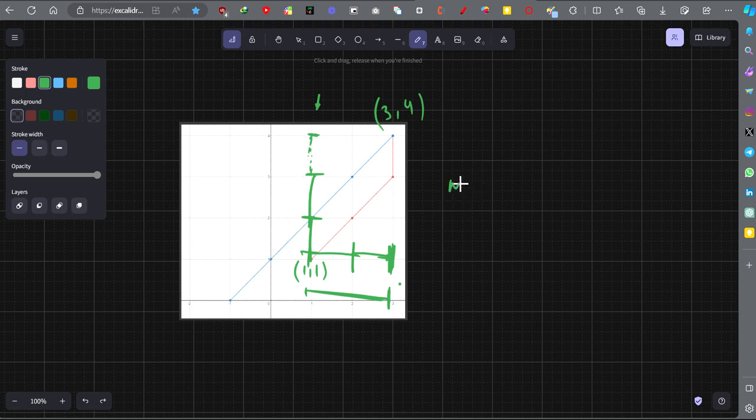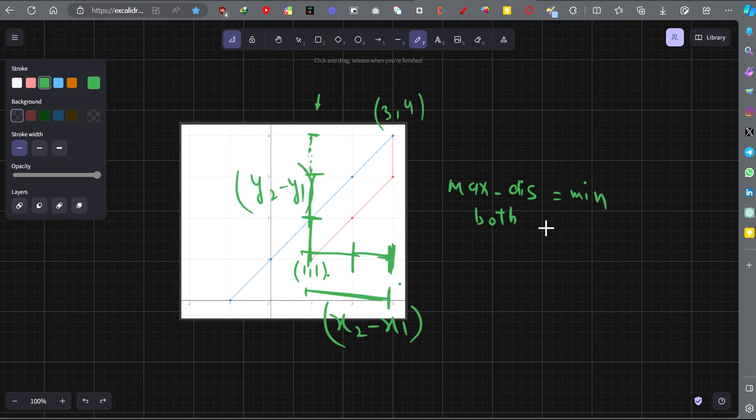So what will be the maximum distance that you can go in both directions? If we calculate, that will be nothing but the minimum of x2 minus x1, and y2 minus y1.